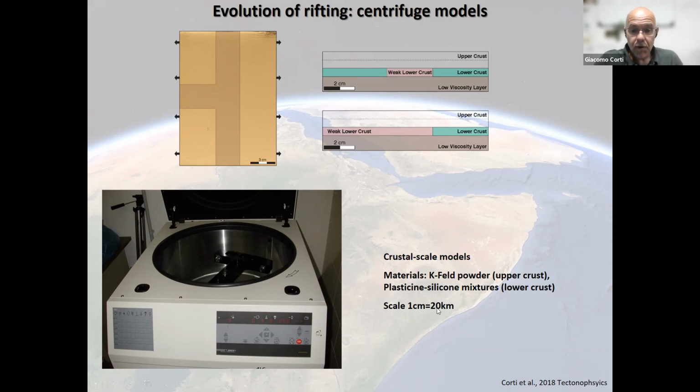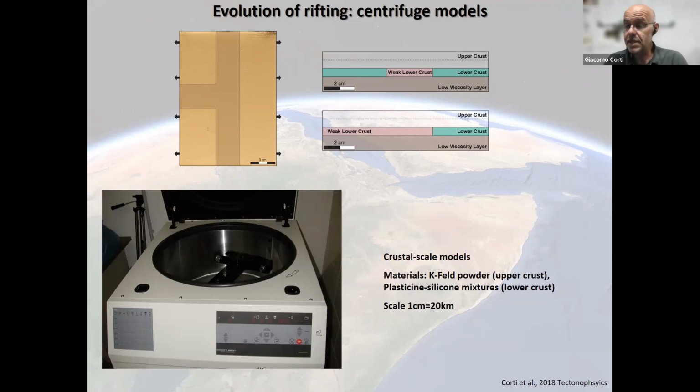Normally, the scale of this model you see here is that 1 centimeter is something like 15 to 20 kilometers in nature. But of course, these models, as I said, are simplified versions of the natural system, but they are somehow realistic replicas of a certain geological system.